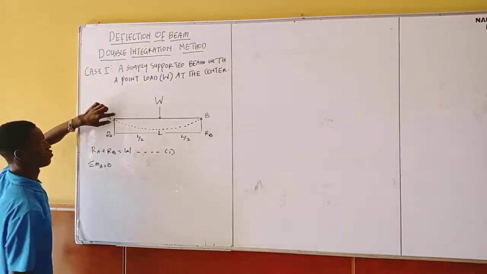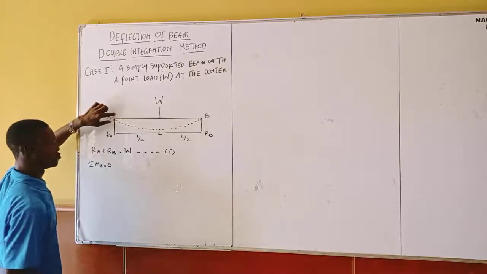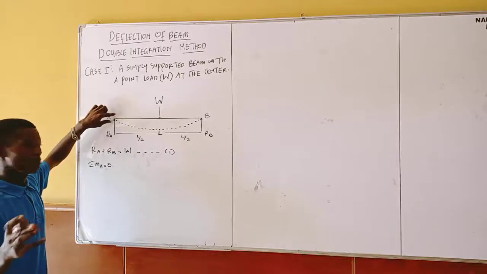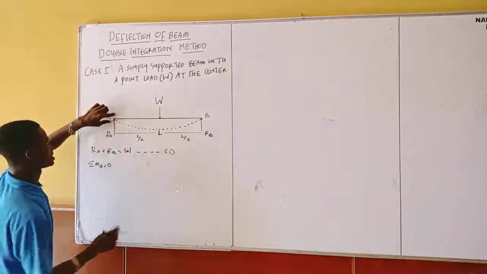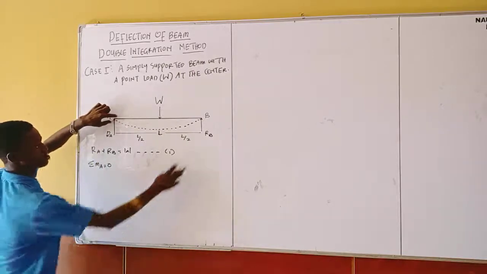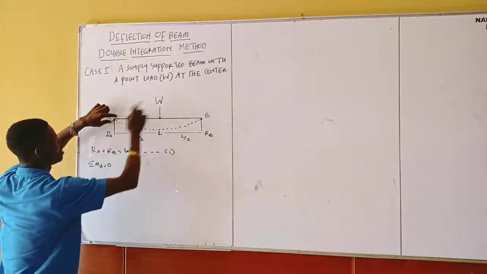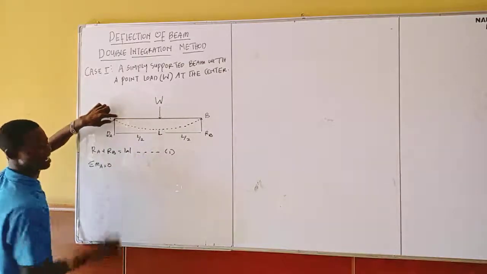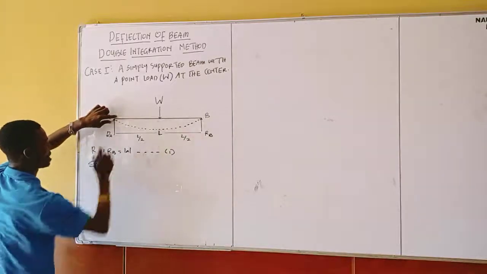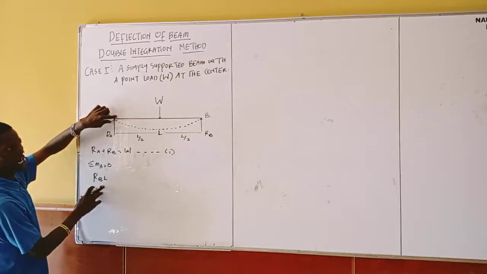Therefore I'm remaining with RB and W. We know from the definition that moment is force times perpendicular distance. So my RB will cover the distance capital L, because that's the total length of the beam, which is RB multiplied by L, that is RBL.